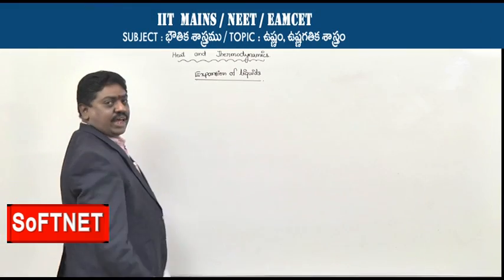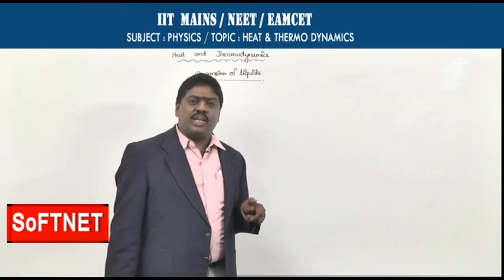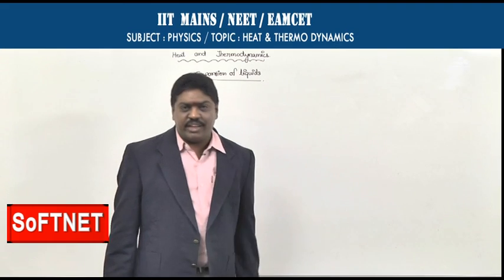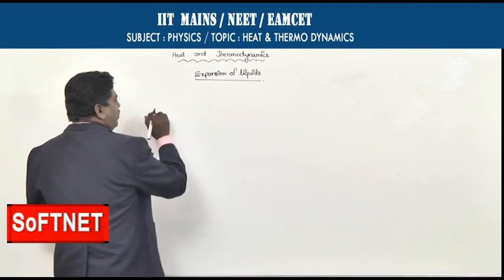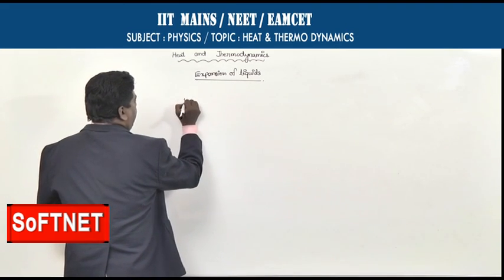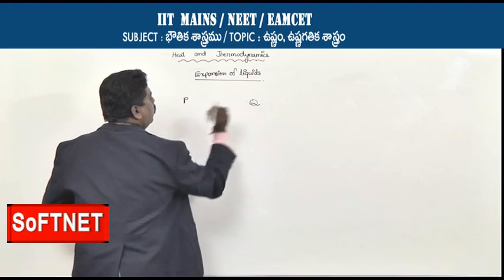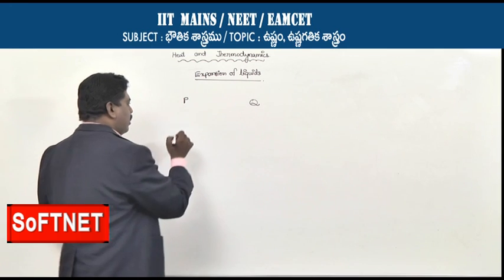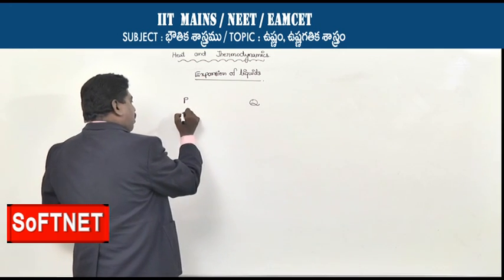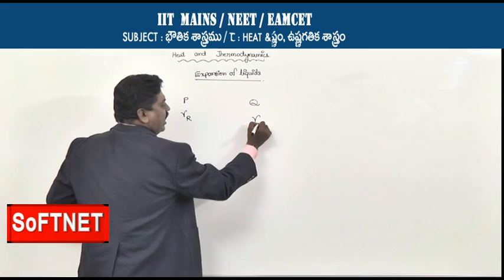Now let us consider another case where the same liquid is heated in two different containers. Let us say a container as P and a container as Q. Let P and Q be two containers. Now, the coefficient of real expansion remains the same in both the containers.